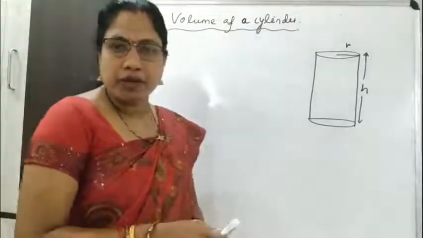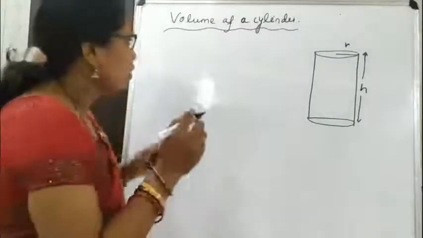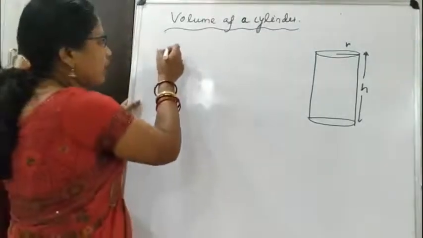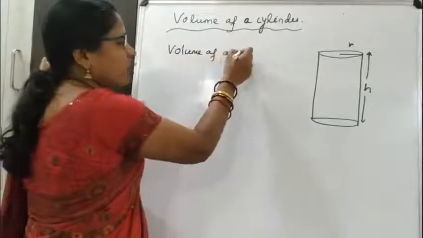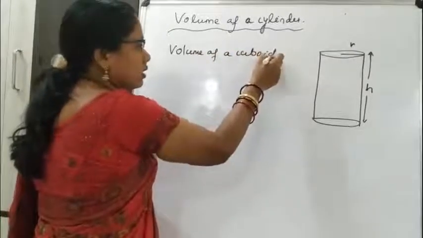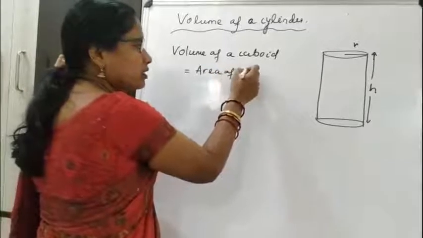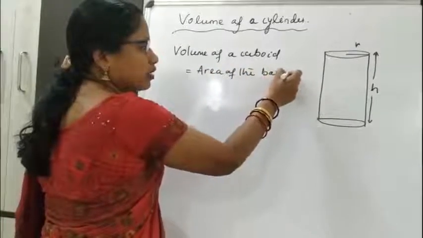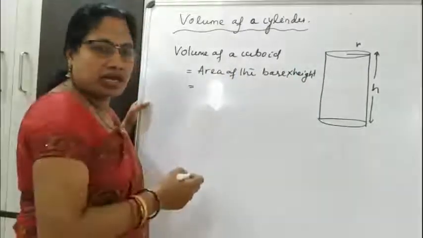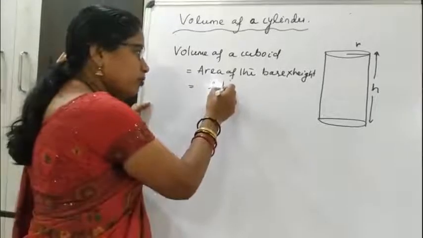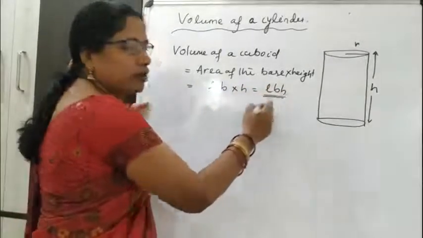In our previous class, when deriving the formula for the volume of a cuboid, we used the formula: volume of a cuboid is equal to area of the base times height. As the area of the base in the case of a cuboid is L times B, so times height, that is LBH, is the volume of a cuboid.